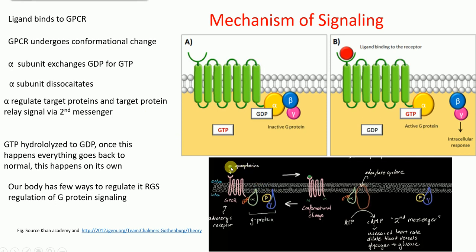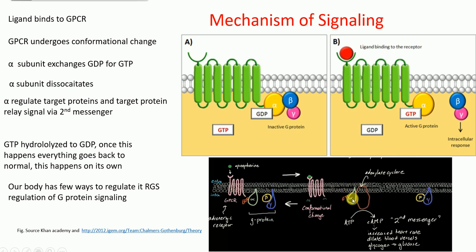So when epinephrine binds, the receptor undergoes conformational change, and the alpha subunit exchanges GDP for GTP. Here you see GDP, but the alpha subunit exchanges GDP for GTP, like here: ligand bound, alpha subunit conformation change, and the alpha subunit exchanging GDP for GTP.